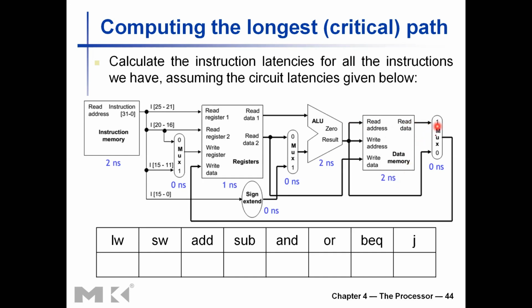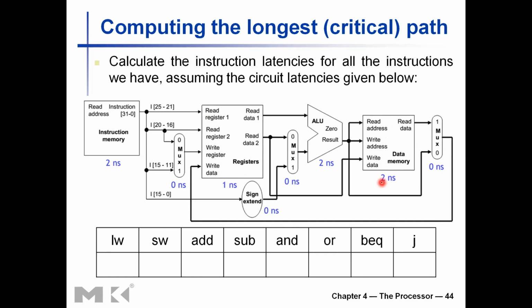The time taken by this multiplexer we'll assume negligible, and the time taken to write into the register file we can assume to be 1 nanosecond, and the time taken to write the data memory we can also assume 2 nanoseconds for the sake of simplicity.